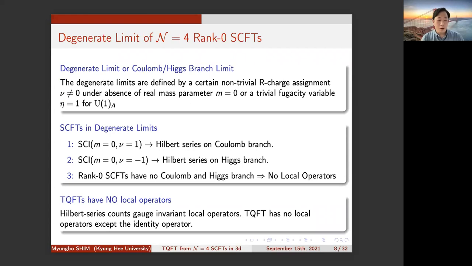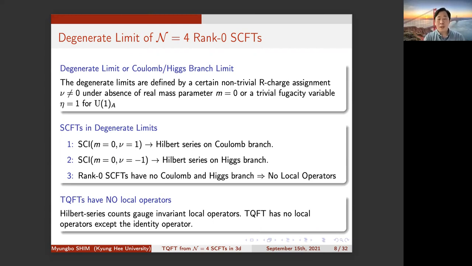Now, we can define the very degenerate limit of N=4 rank-0 superconformal field theory. The degenerate limits are defined by a certain non-trivial R-charge assignment parameterized by the mixing parameter nu.